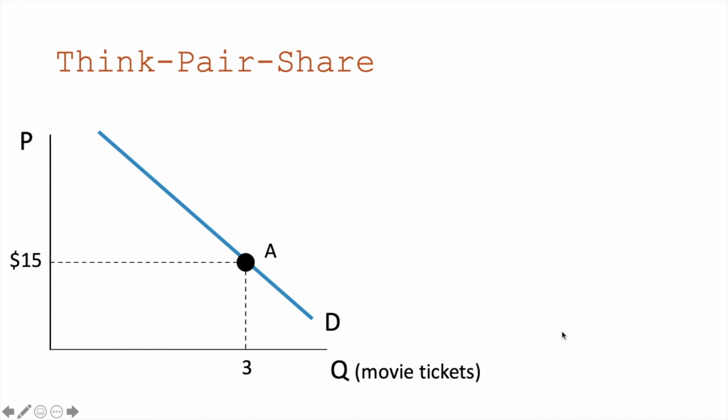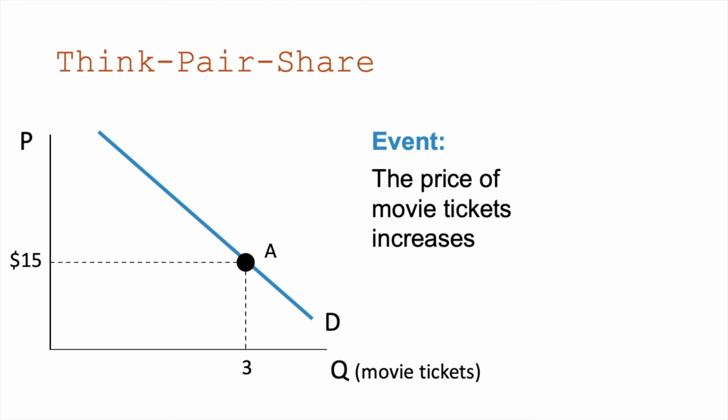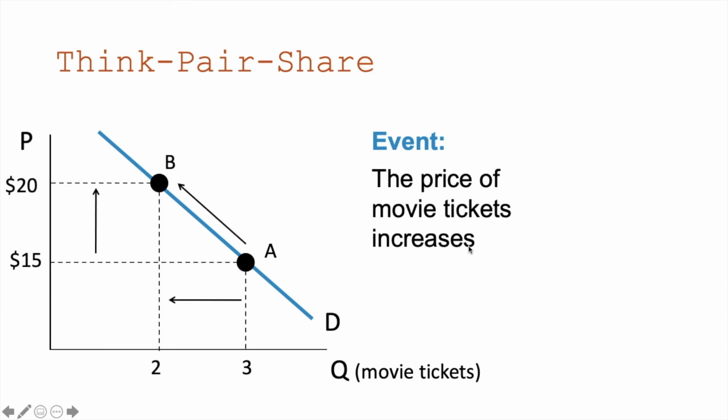All right. So if we try another similar question, when we're talking about the market for movie tickets, let's say hypothetically, the price of movie tickets increases. Again, we're changing the price of my item here. An increase in the price is going to move us up and to the left along my demand curve to a point maybe like this.